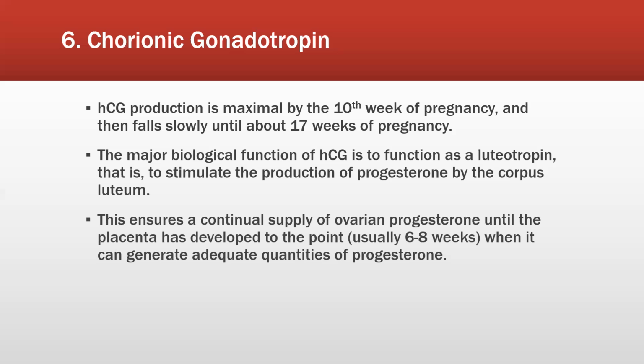So the production of HCG ensures that there's a continual supply of ovarian progesterone until that placenta is developed to the point where it can generate enough progesterone to take over. Once that happens, there really is no need for the corpus luteum, and it's basically going to shrink in size, or atrophy, and eventually be reabsorbed by the maternal ovaries.